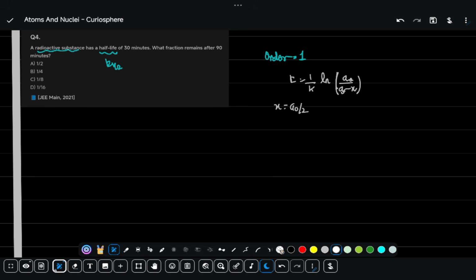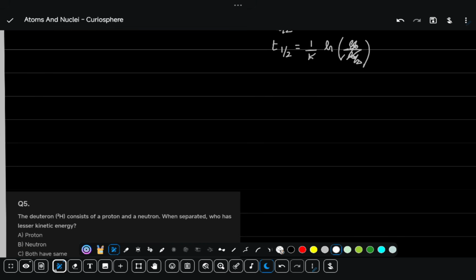T half is equal to 1 by K ln A naught by A naught minus A naught by 2, which is A naught by 2. A naught will get cancelled, so T half is equal to ln 2 by K.